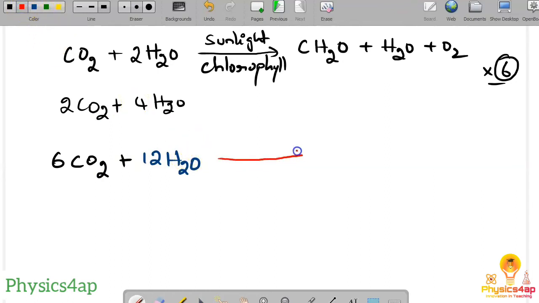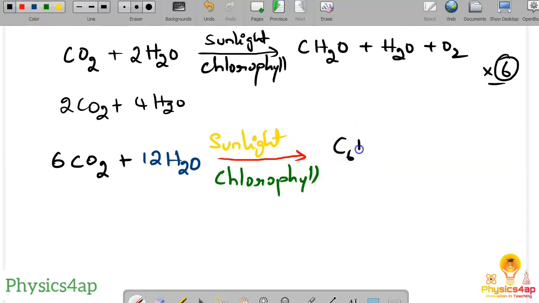In the presence of sunlight and chlorophyll, we get glucose, that is C6H12O6, which is called a carbohydrate, and 6 moles of H2O plus oxygen gas released into the atmosphere.